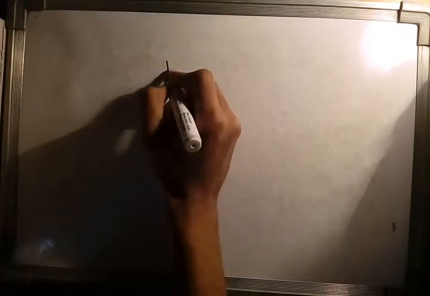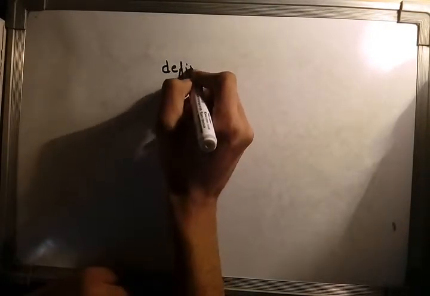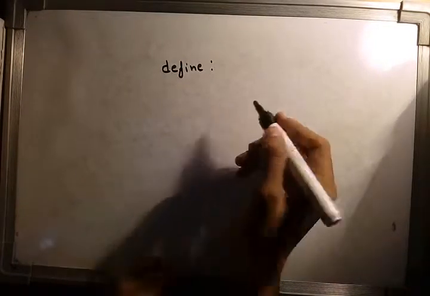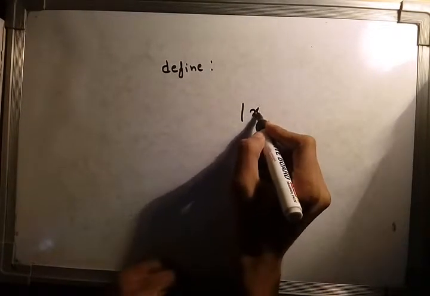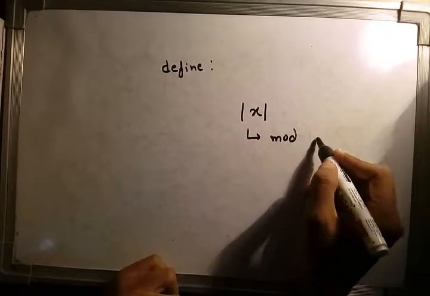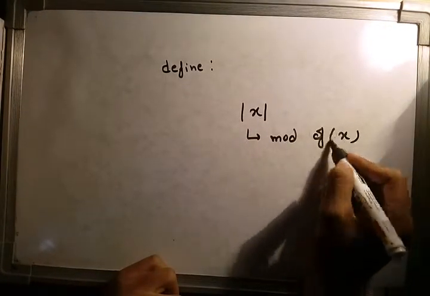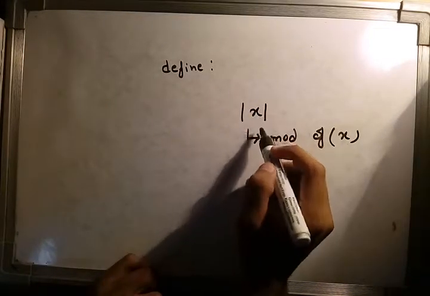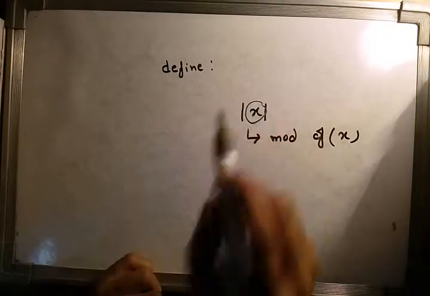What is modulus function? According to the definition, modulus function is written like this, and we read it as mod of x. It is nothing but two parallel lines, and between them is our variable x.